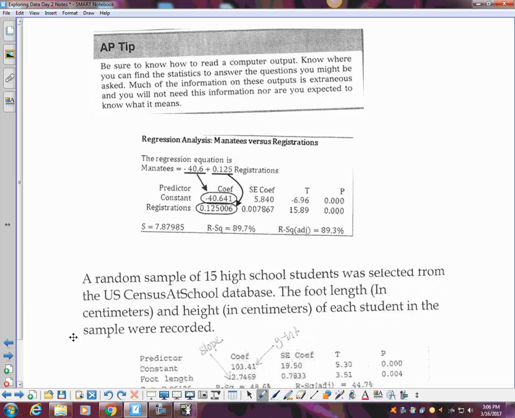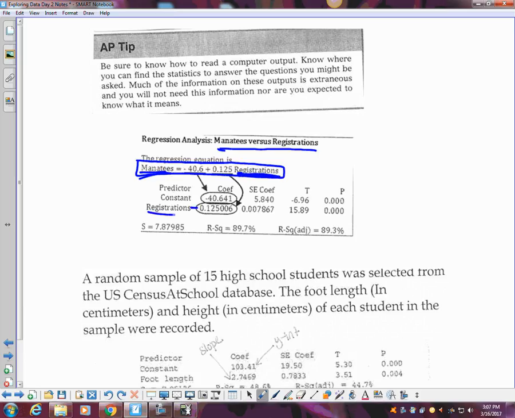Okay, here we go. We've got manatees versus registrations. The regression equation, all right, it gives it to us right here, and it does not define any variables. It uses what the variables represent. So that's my slope. Slope is always going to be next to the word that it's next to in your equation.